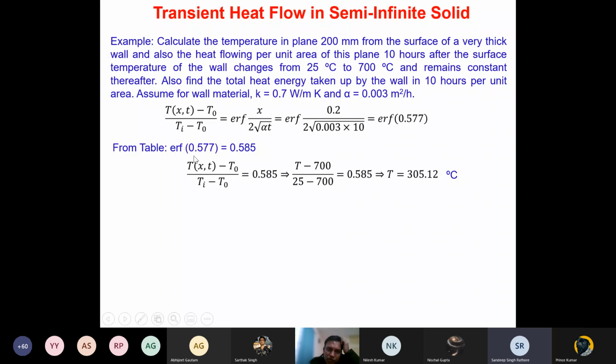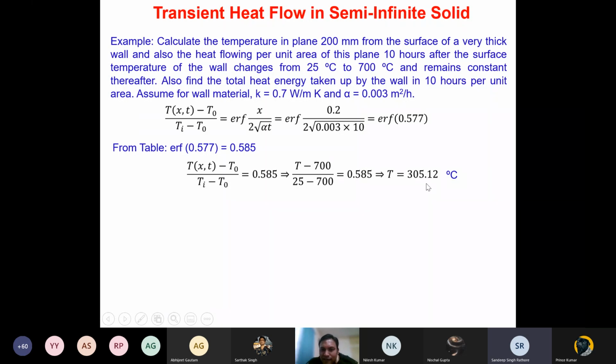Then now put all the values in this equation. Temperature you have to calculate; this temperature you don't know. T naught you know, you have been given 700. What is Ti? Ti is 25. So (T minus 700) divided by (25 minus 700) equals 0.585. You can back calculate the temperature at this location X and time. So this comes out to be 305.12.